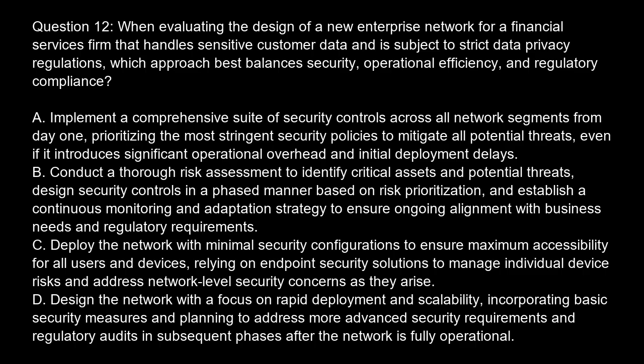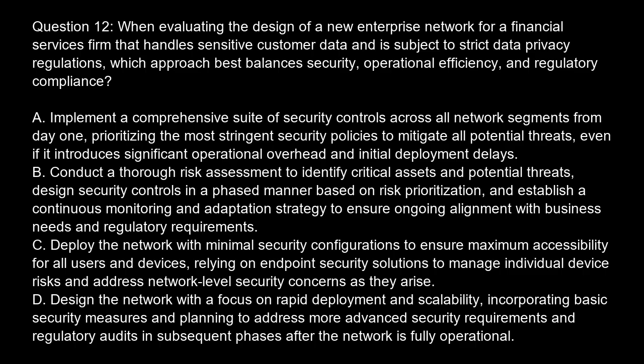Option B. Conduct a thorough risk assessment to identify critical assets and potential threats, design security controls in a phased manner based on risk prioritization, and establish a continuous monitoring and adaptation strategy to ensure ongoing alignment with business needs and regulatory requirements.